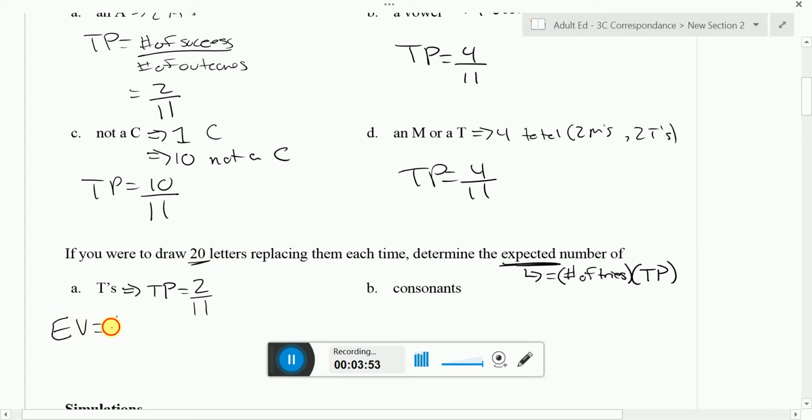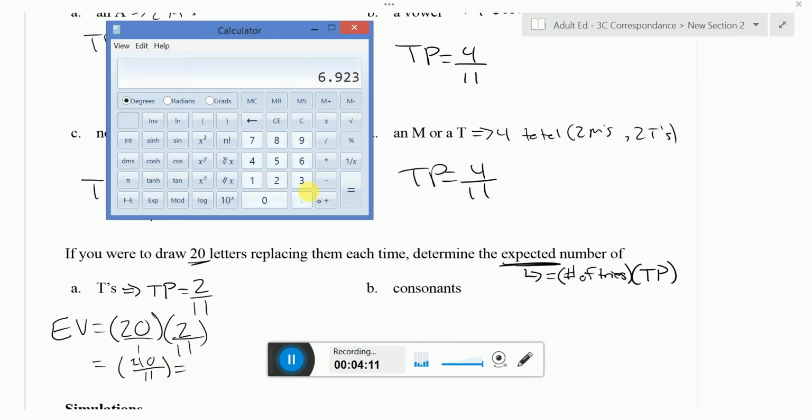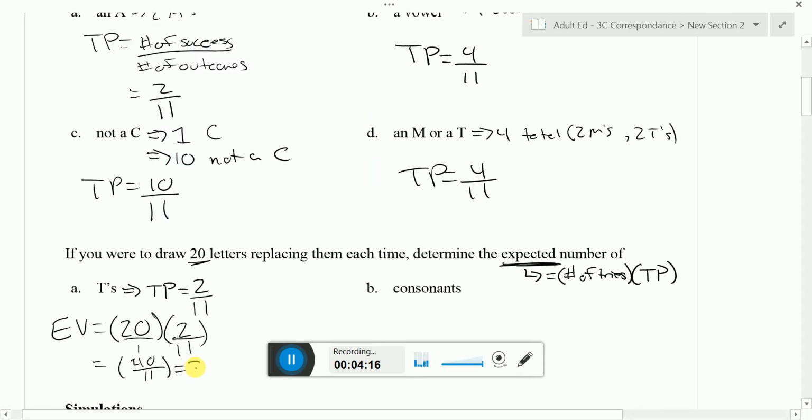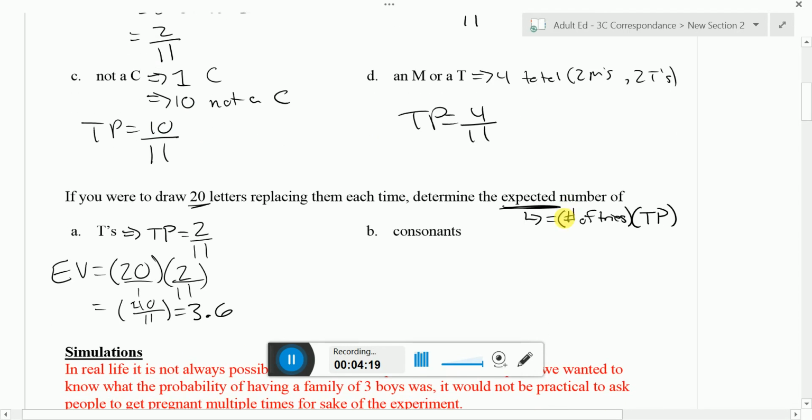So the expected value is equal to the number of times we're doing it, 20, times the theoretical probability. We turn that 20 into a fraction, 20 over 1. We do top times top, 20 times 2, which is 40, divided by bottom times bottom, 1 times 11, which is 11. We do 40 divided by 11, which gives us 3.6. Again, we looked yesterday at the rounding rules. When it's 0.6, even though it's closer to 4, it's still in the middle, so we can't guarantee that it would most likely be 4.